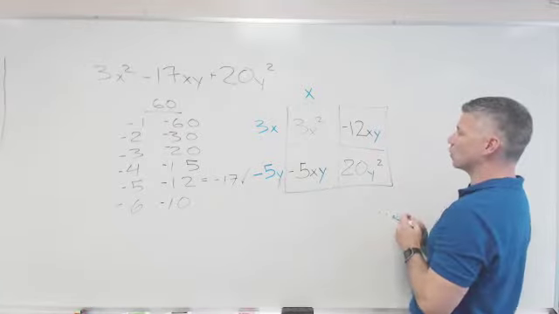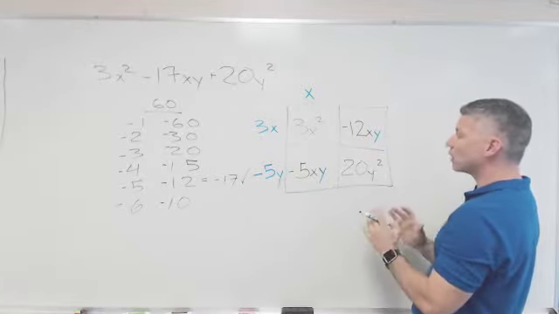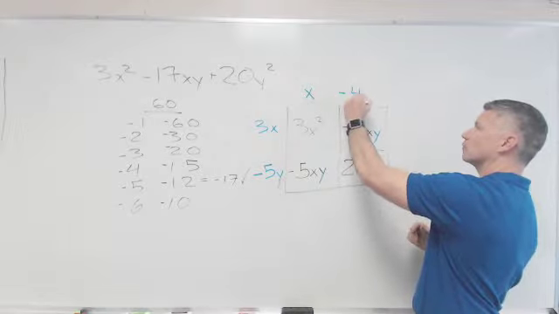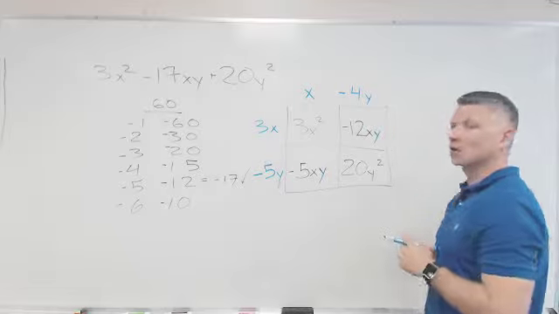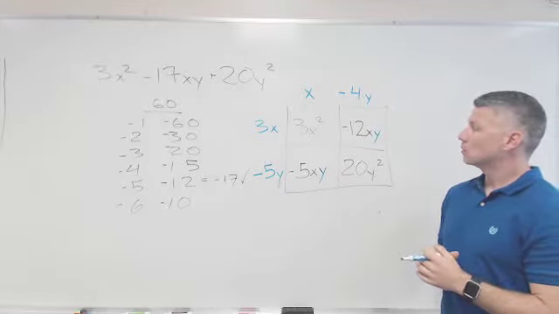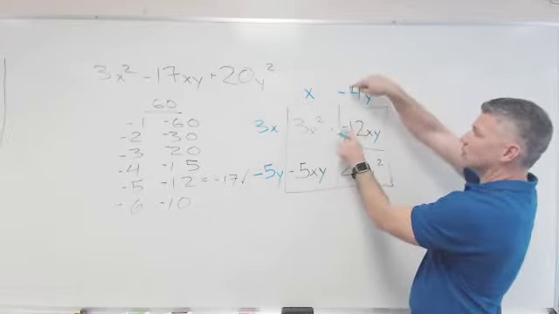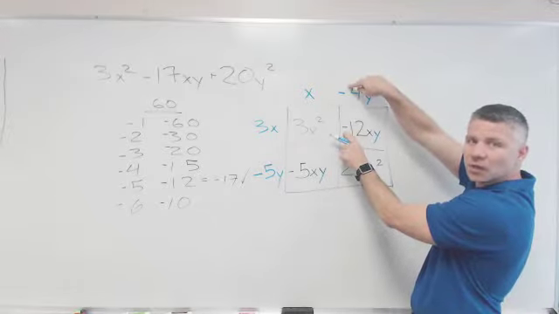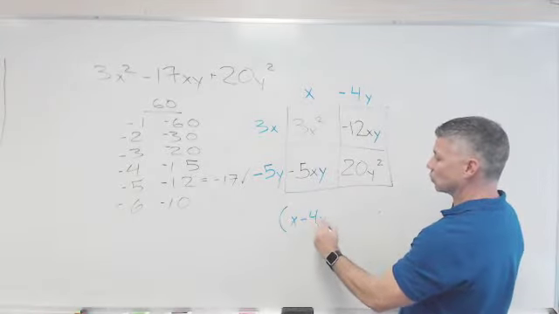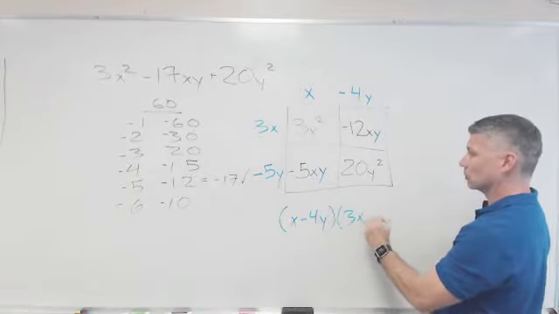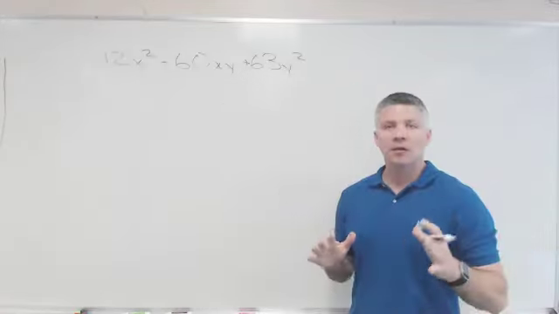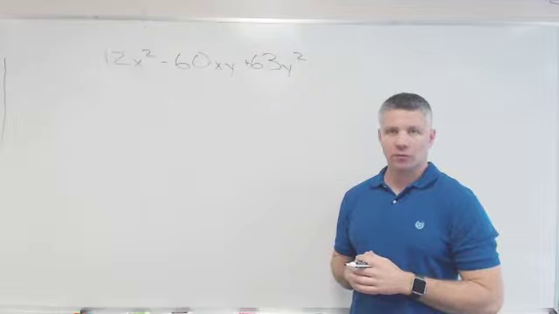GCF of the right column, and it has to be the greatest common factor, negative 4y. Greatest common factor. Again, these signs have to be the same. Our answer comes from the outside. It does not matter the order. And it's factored.